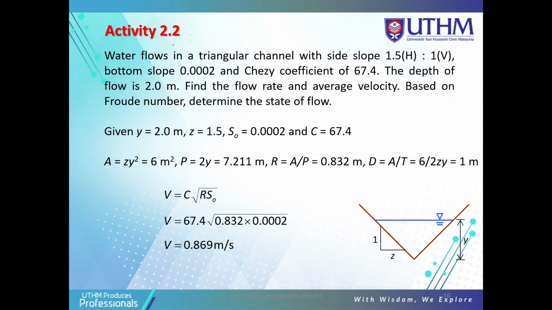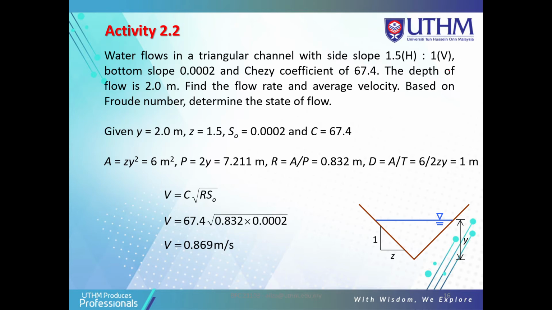Example or activity 2.2. So water flows in a triangular channel. So they give you the triangular here. So triangular channel with side slope 1 over 1.5, H 1.5 is horizontal and 1 is for vertical.